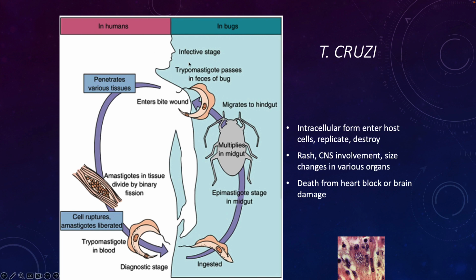And the parasite is actually in the feces. So what can happen is if the feces gets into the bite wound, perhaps the patient scratches or feels the bug on their face and wipes it away in their sleep. If the feces gets in the bite wound, that's how it gets infected. And then what you can see in this microscope image here is the stage that actually is inside of the tissue.